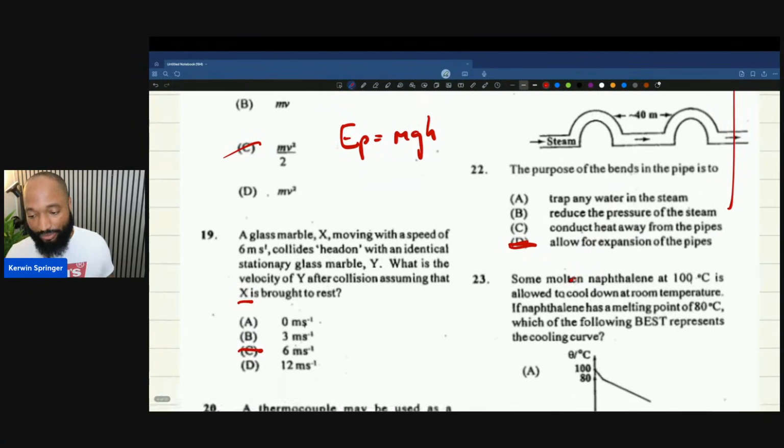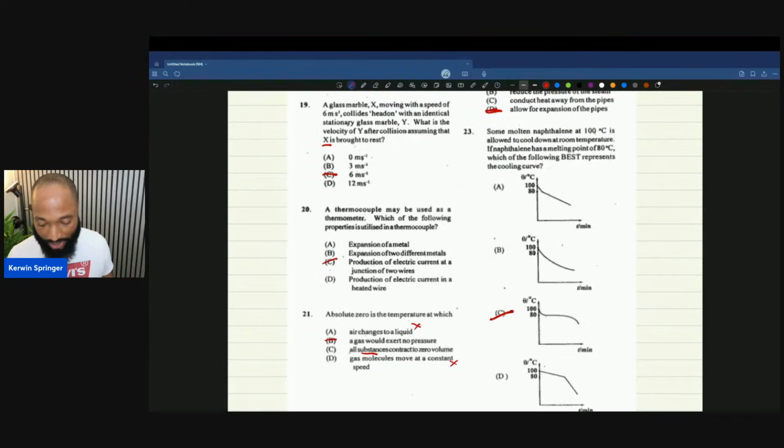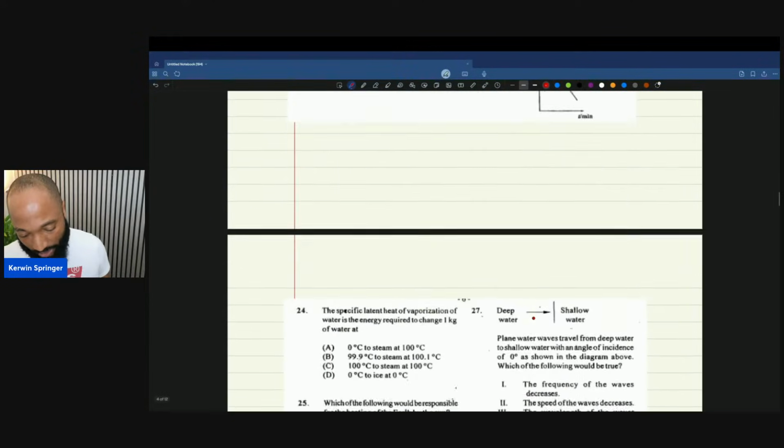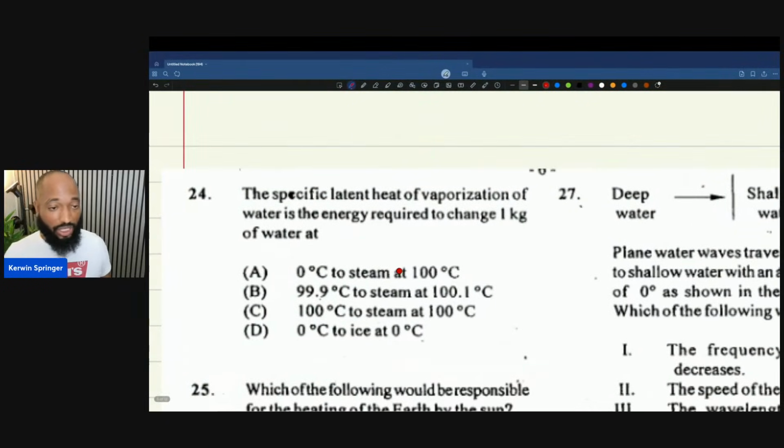B, expansion. So number 23, this has been coming every single year for like the last 400 years since they brought in CSEC physics. Just make sure you know this is the graph of the cooling curve. Number 24, the specific latent heat of vaporization. This has also been telling you all the high repeat questions there.